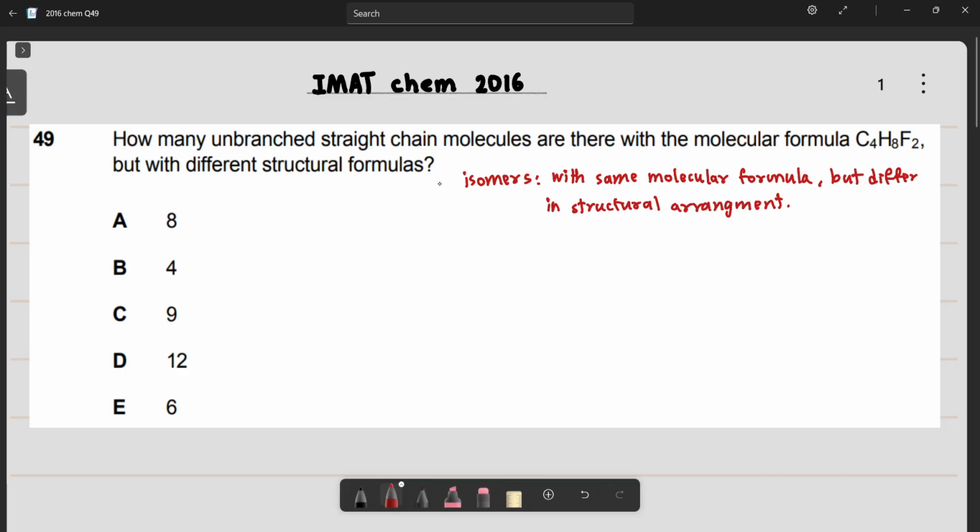But the most important point is that the question explicitly mentions unbranched straight chain molecules. This refers to the carbon chain. We are given 4 carbons, so it must remain a linear chain throughout the different structural arrangements. Which atom causes the different structural arrangements?